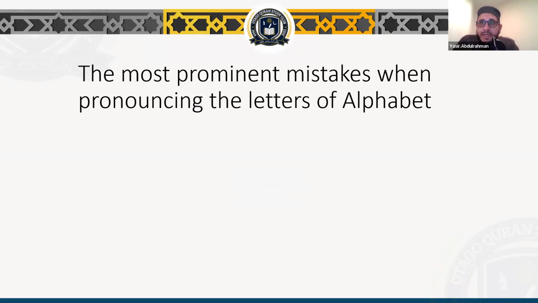In this case, what's happening is you're adding a fatha instead of pronouncing the ha. Or if you say فعلوه, the ha has to come clear at the end. Otherwise, it becomes فعلوا.